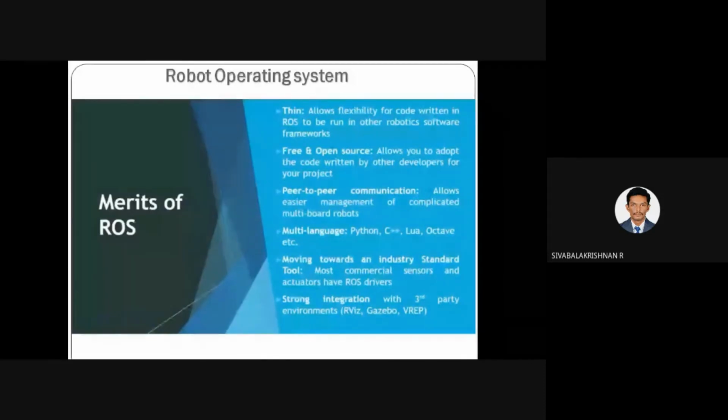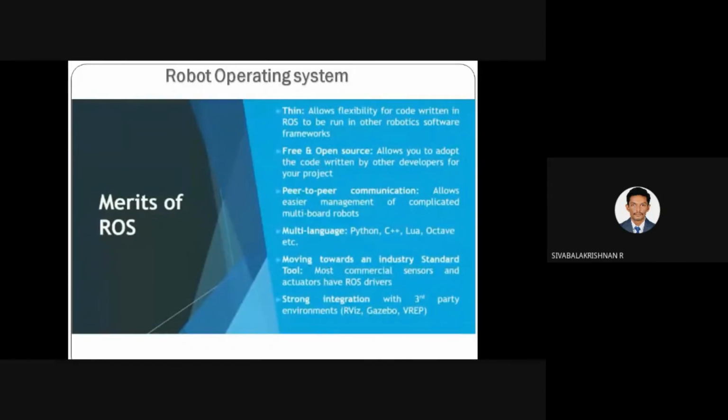These are environments already used with the robot operating system, which is integrated with these third-party environments. With the help of these environments, we can model a robot and do some simulation. To carry out a robotic task, we can develop a program, implement it in that environment, and see the result.